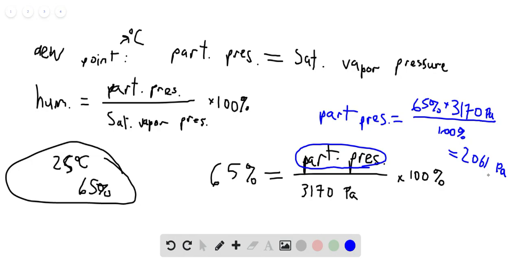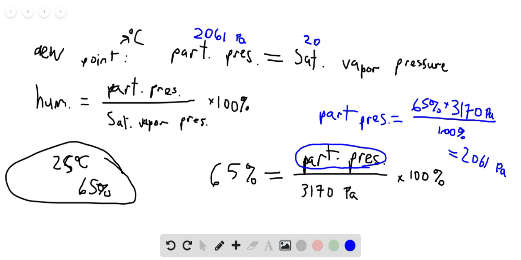Good, so we have the partial pressure, but what we're asked is the dew point. So the dew point is the temperature at which the partial pressure is equal to the saturated vapor pressure. So since we know that the partial pressure is 2061 Pascal, this automatically gives us the saturated vapor pressure.